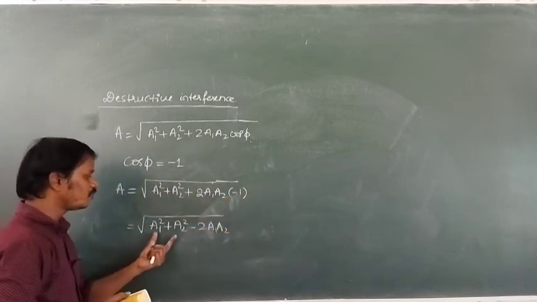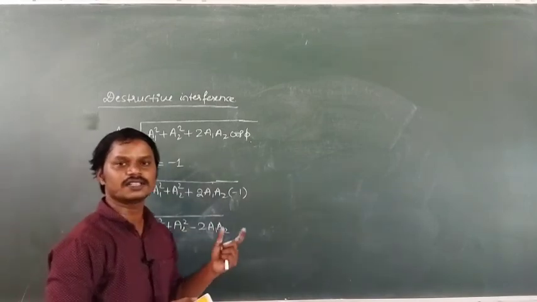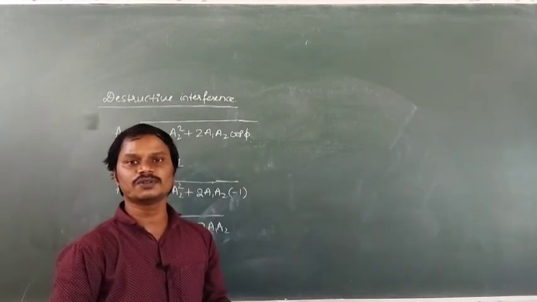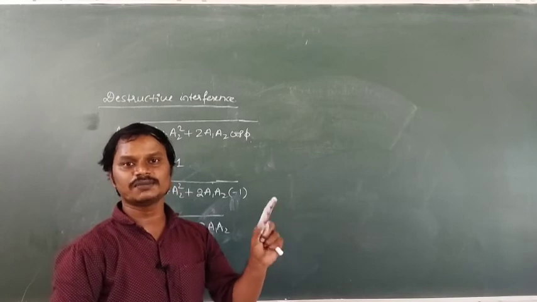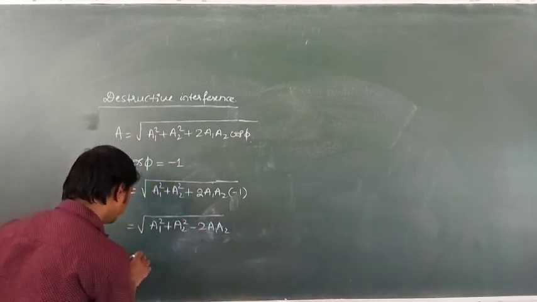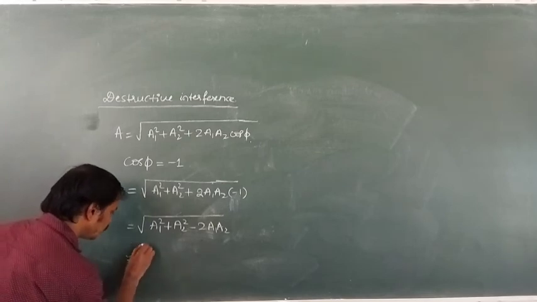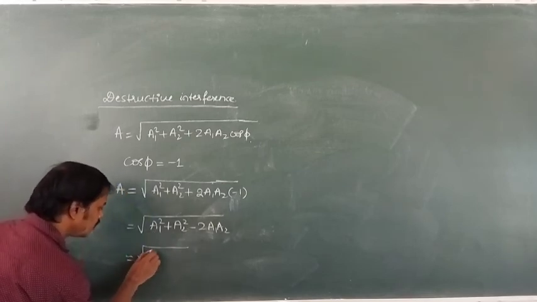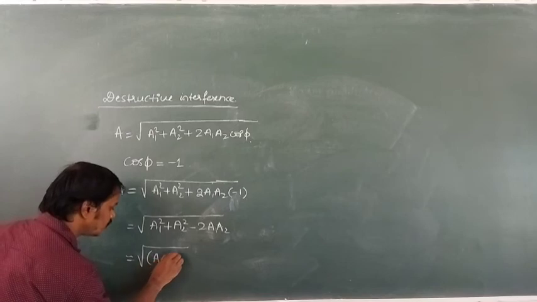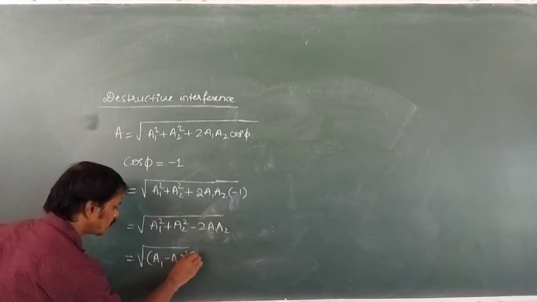Then this is in the form of A minus B whole square. What is A minus B whole square? A square plus B square minus 2AB. Here A is nothing but A1, B is nothing but A2. Then A1 minus A2 whole square.